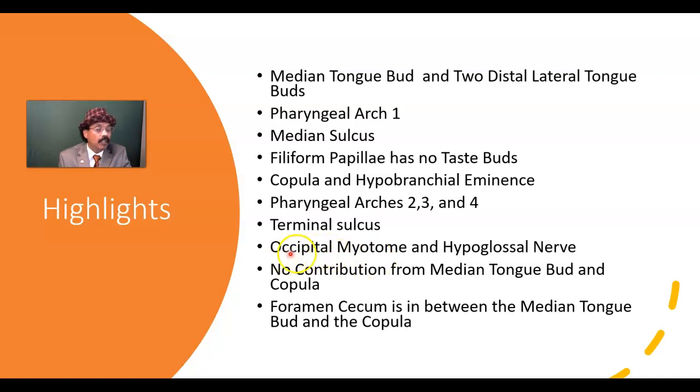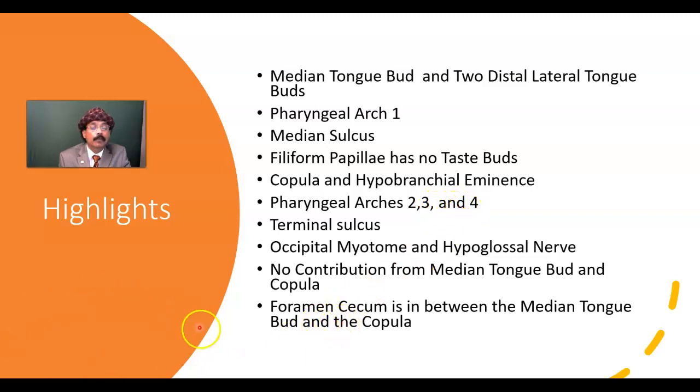All the others are coming from the occipital myotome and are supplied by the hypoglossal nerve, the 12th cranial nerve. No contribution from the median tongue bud and copula. And no contribution from the second pharyngeal arch to the posterior 1/3 of the tongue. The third and fourth pharyngeal arches form the posterior 1/3 of the tongue.